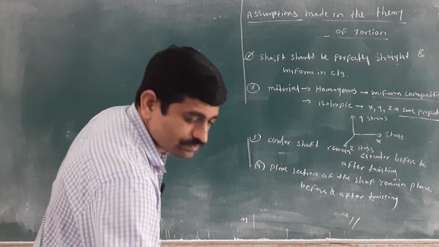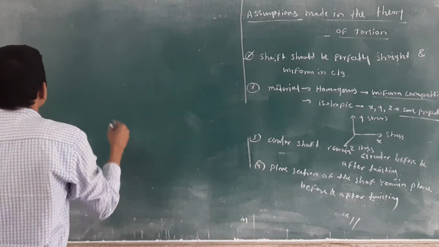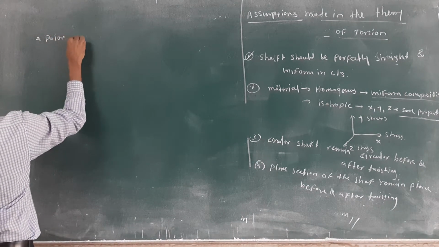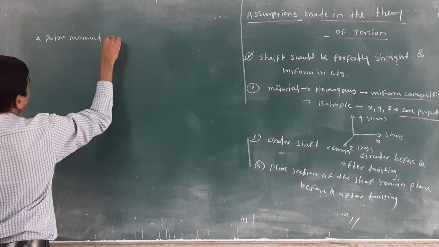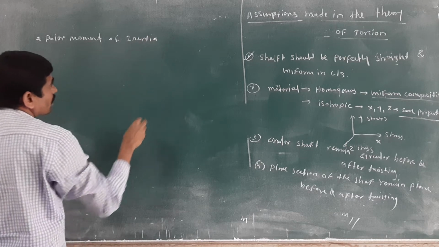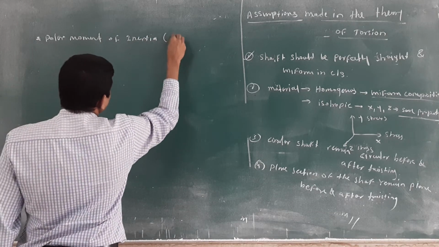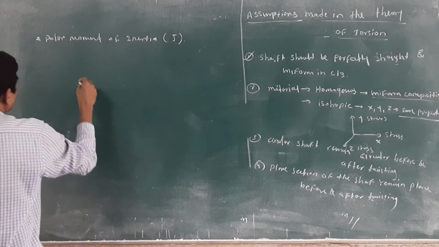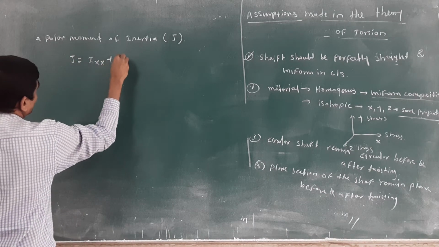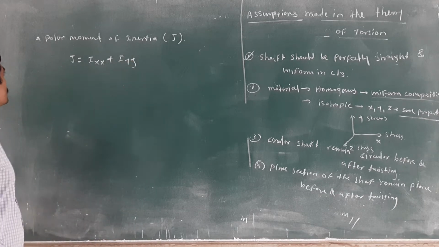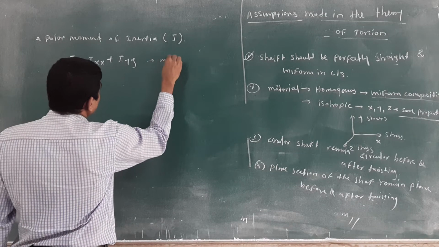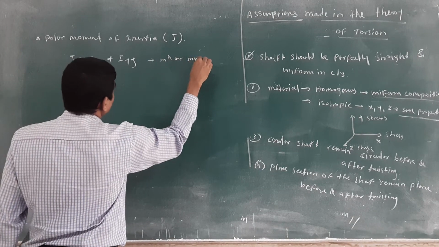First is the polar moment of inertia. What is the polar moment of inertia? It is nothing but the summation of Ixx and Iyy, and the unit is meter raised to 4 or mm raised to 4.